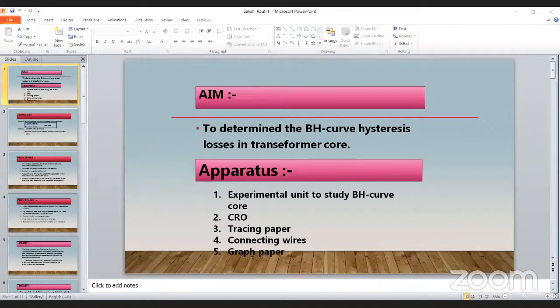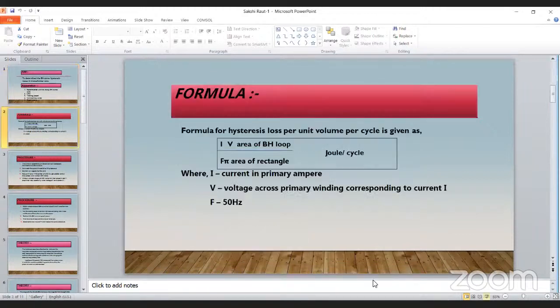The formula for hysteresis loss per unit volume per cycle is given as I into V into area of the BH loop upon F pi area of the rectangle, joule per cycle, where I is the current in the primary in amperes, V is the voltage across the primary winding corresponding to the current I, and the frequency is already given as 50 Hertz.